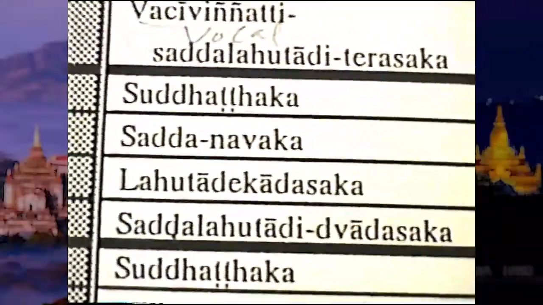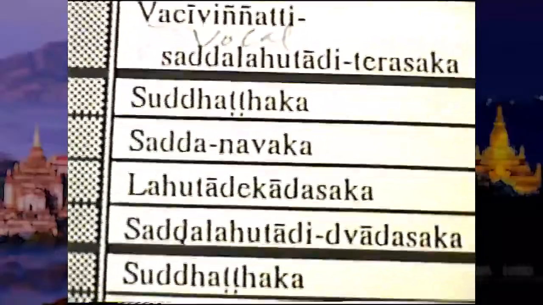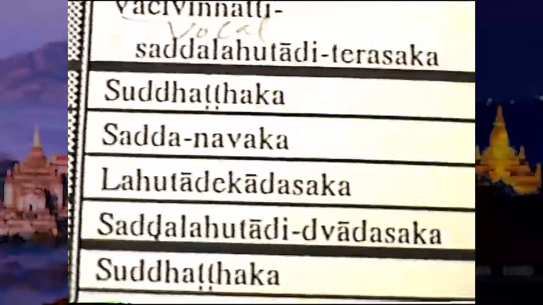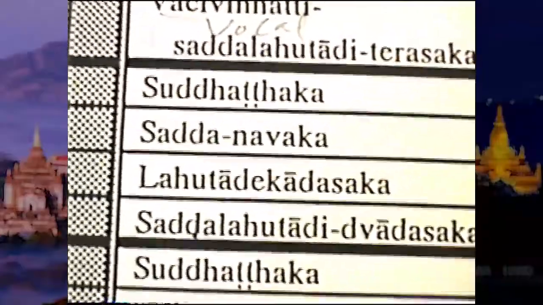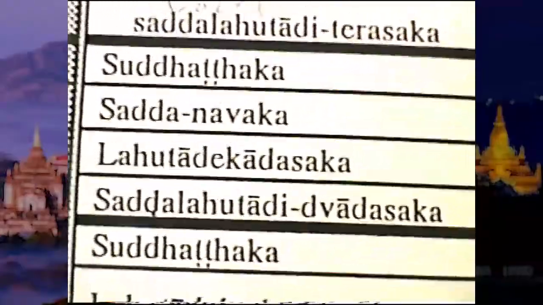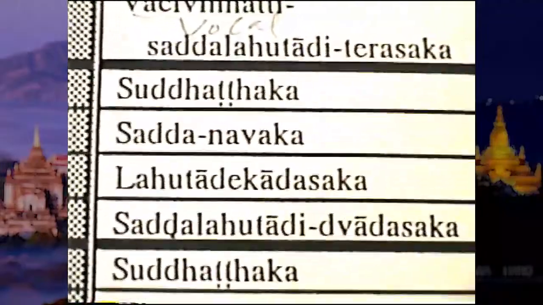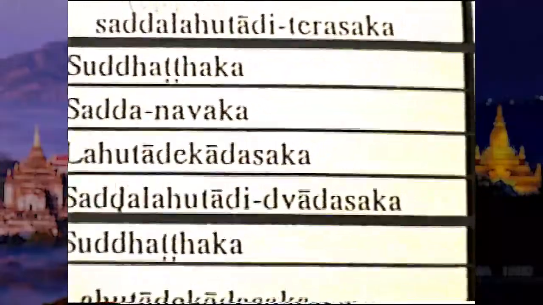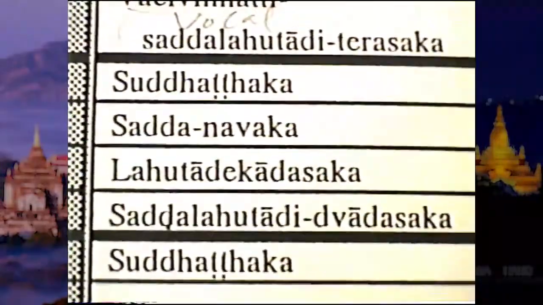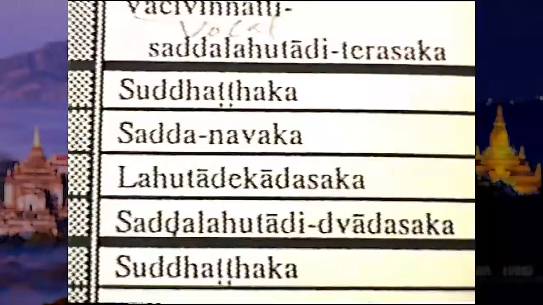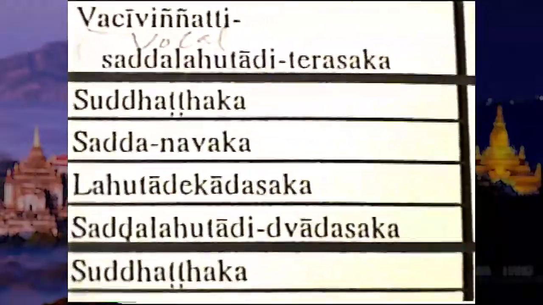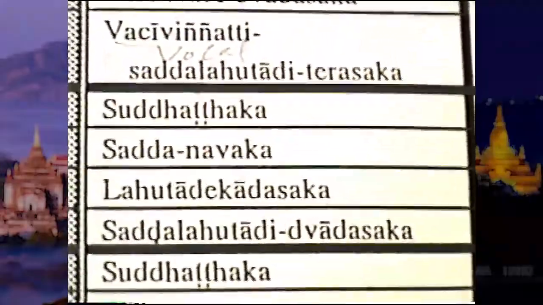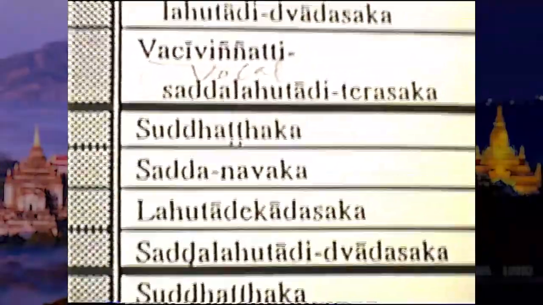The third one is Lahuta Di Eka Dasaka. So 8 plus Lahuta, Muduta, Kammanyata. The fourth one is Saddha Lahuta Di Dwadasaka. So sound, 3 Lahuta and others, and 8 pure octet. So these are caused by utu, temperature or climate.